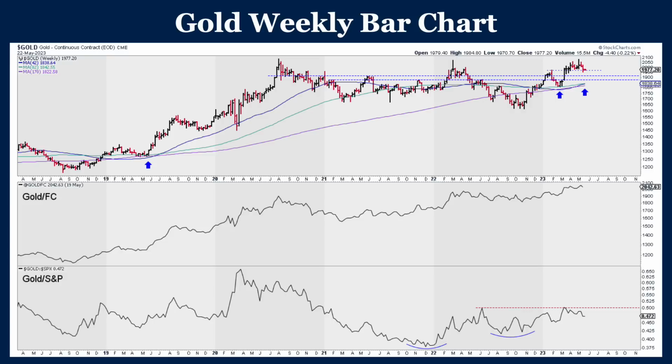Now, getting to things that are more important in the bigger picture, I have moving averages here, which are equivalent to the 200-day, the 400-day or 20-month, and then the 40-month moving average. And I'm going to show more of this in the next chart. But if you look at 2019, that was an interesting point there in the second quarter.